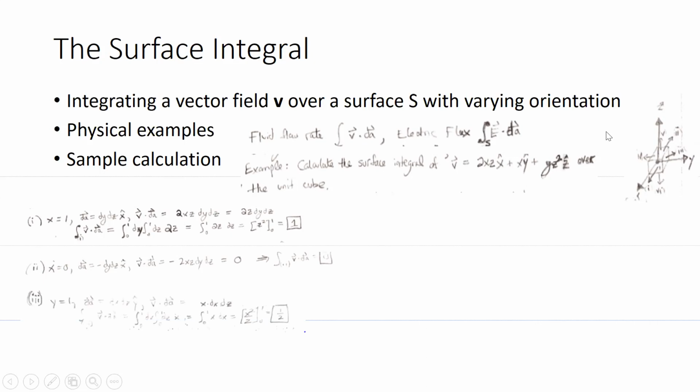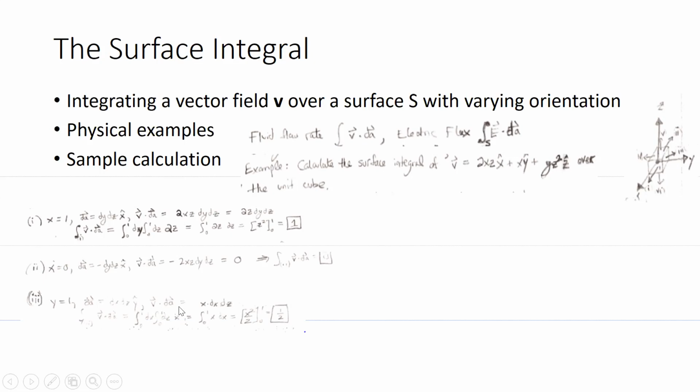All right, side 3 over here. We have y is equal to 1 along this side, and dA then is going to point in the y hat direction, and it's going to have amplitude dx times dz.